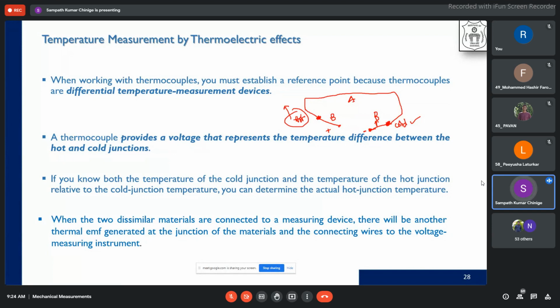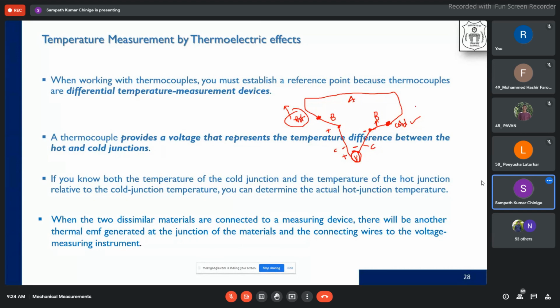Now if I want to connect it to a measuring device like a voltmeter, I am connecting it with another wire and another device, correct? For connecting to this device, I am using another wire, for example copper. Because of these two different materials and two different junctions, we have another EMF added.